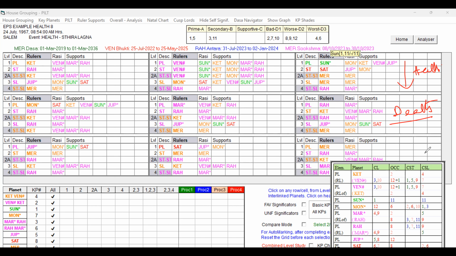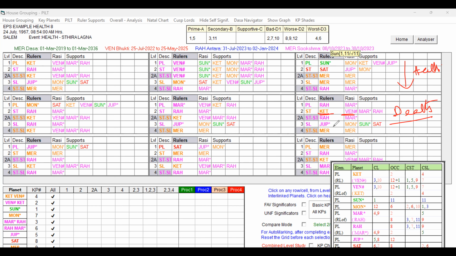Now, during which antra can the native suffer from such hypoglycemia and lead to death by way of coma? Which are the unfavorable key planets for Rahu, the death-causing planet? Ketu, right? Representing Venus because it is the 7th sublord, right?